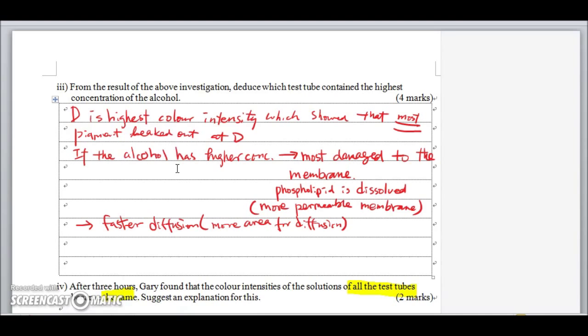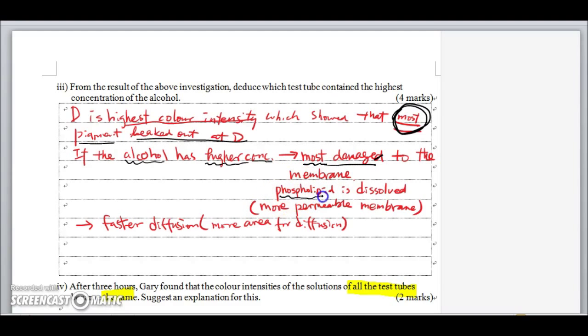So from the result, we see that D is highest in color intensity. That means it shows that most pigment leaks out at D. Why is there most of it? Actually, if the alcohol has higher concentration, it will cause most damage to the membrane.